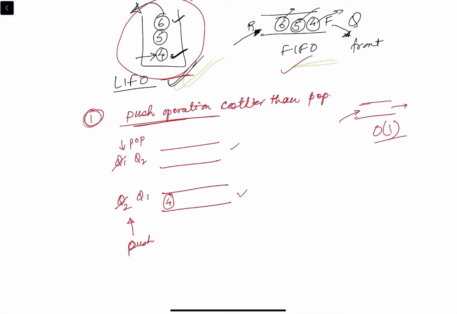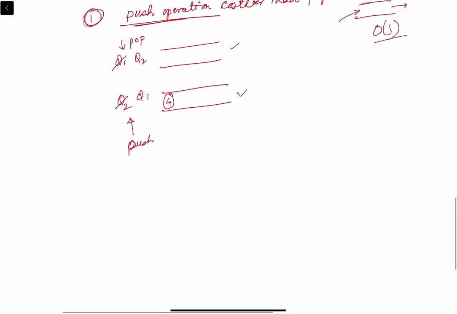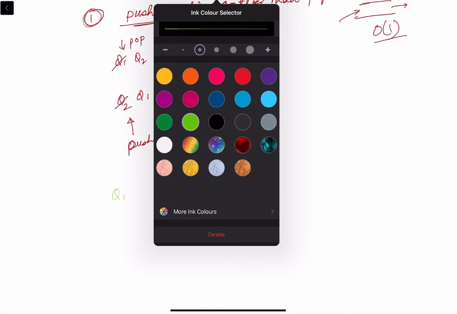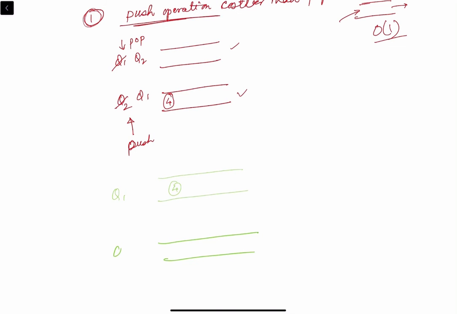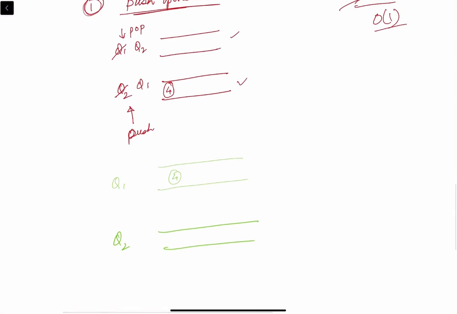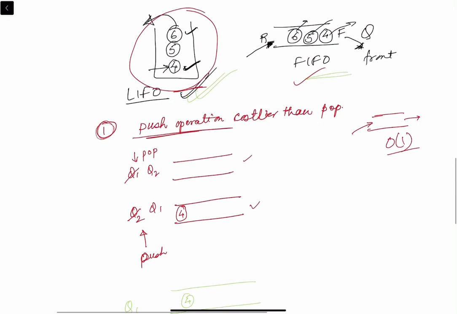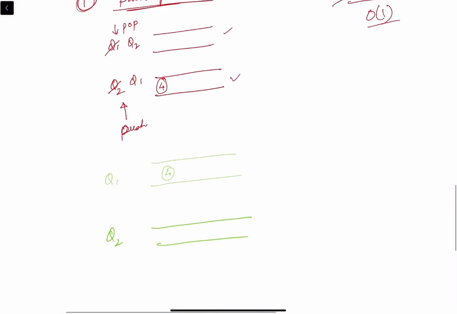So I rename this as Q2 and this as Q1. Remember, pop will always be done through Q1 and push will always be done in Q2. Since this is now Q1 and this is Q2, in the next stage our Q1 has element 4 and Q2 is empty, right? Now again we have this element 5. So push 5.